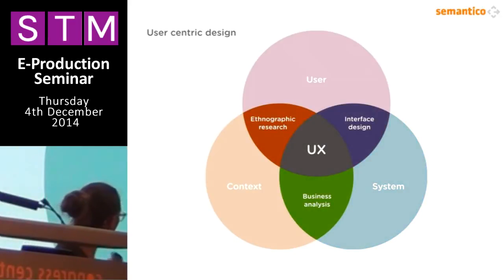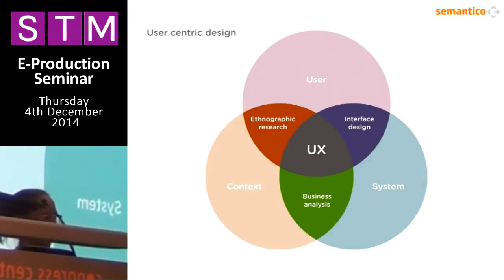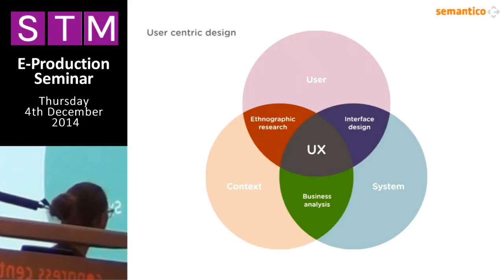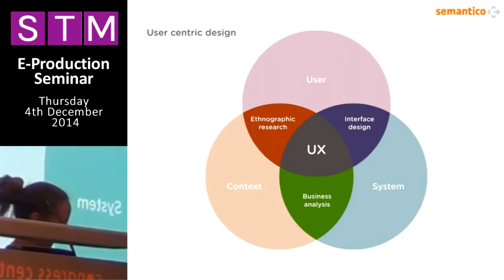But we can use various techniques that sit in these intersections between what we can control and what we can't control. And by using these methods, we can establish various design principles and guiding principles to help us develop much more user-centric products.